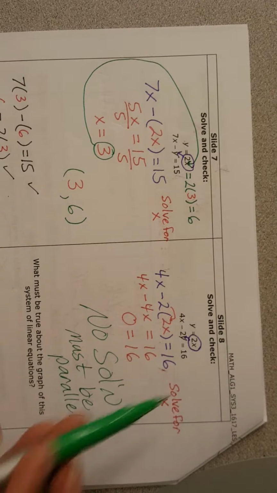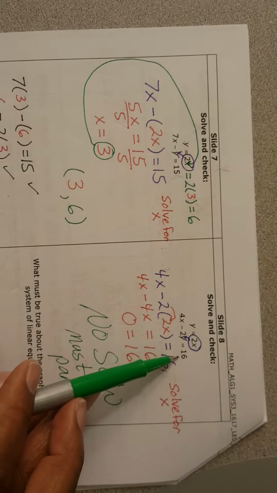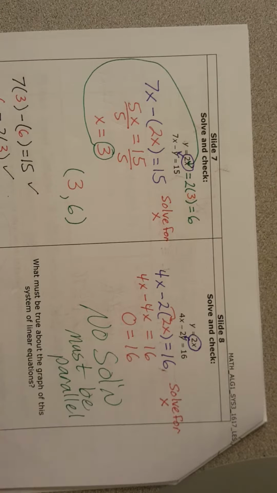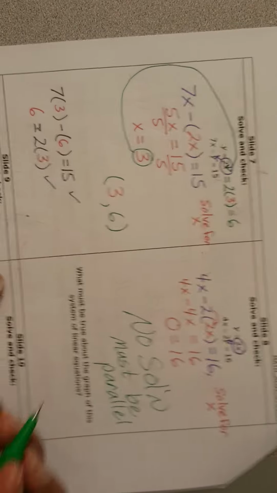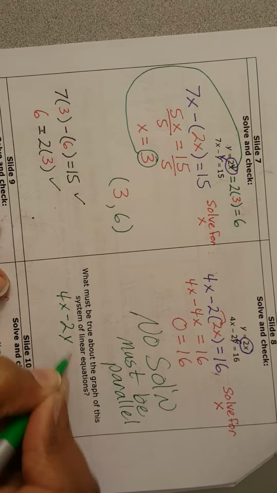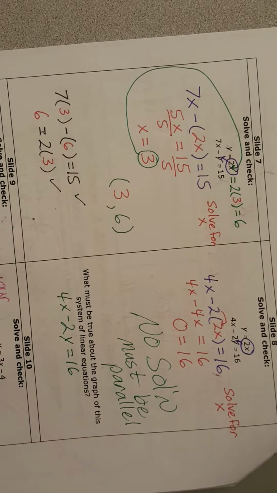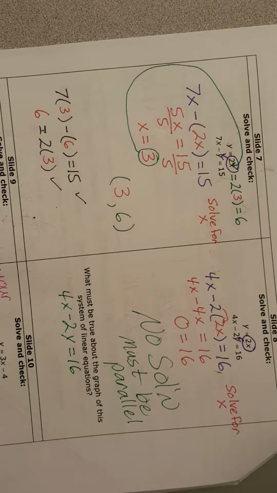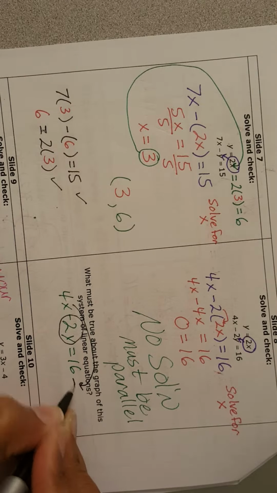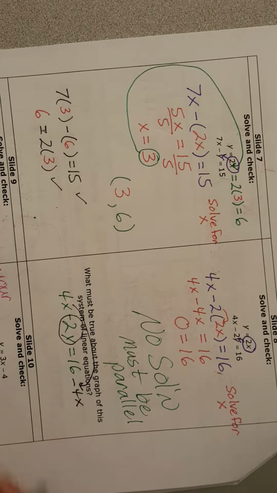To check this, you could solve the second equation for y, and you will indeed see that the slopes are the same. So let's just do that really quickly. 4x minus 2y equals 16. Remember, isolate, move that x to the other side, place it side by side.